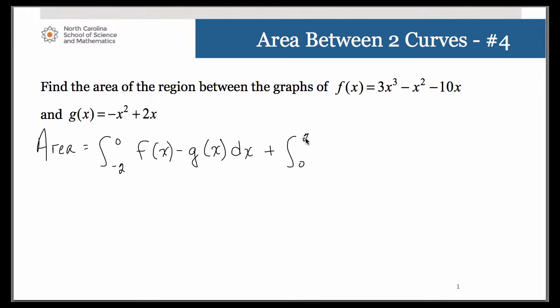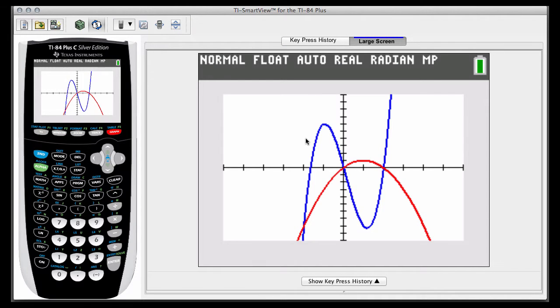Then for the second integral, let's go back to our graph. We're going to go from 0 to 2, but now the quadratic is on top. So we're going to have to think of this as g of x, which is the quadratic function, minus f of x, which was the cubic.